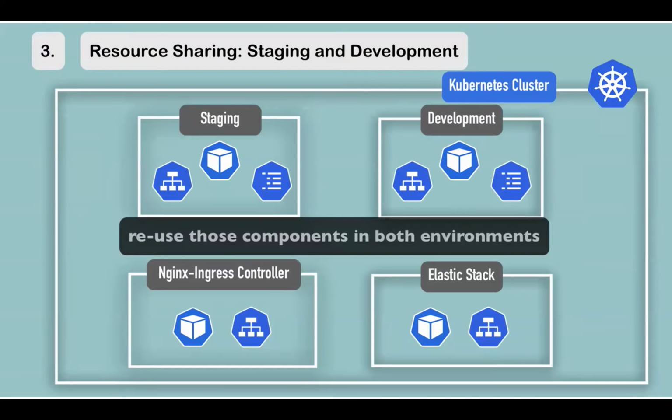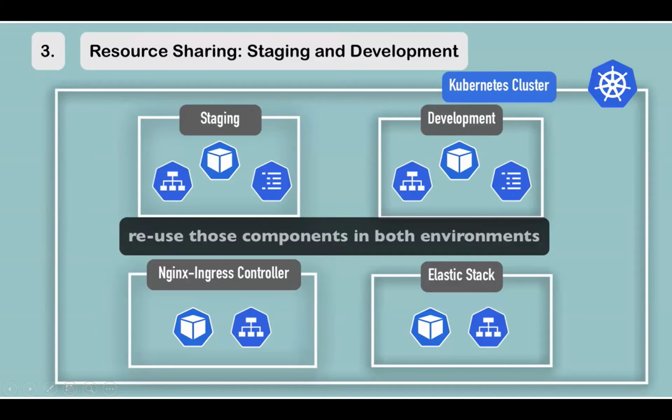The third important one: first we looked into resource management, second we looked into conflict management, so that there should not be any. Third one is for the sharing of resources. In an organization, they have a development stage and a staging stage. Instead of development, they call it a production stage.